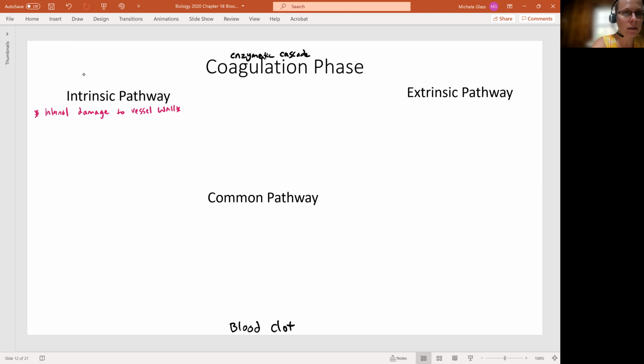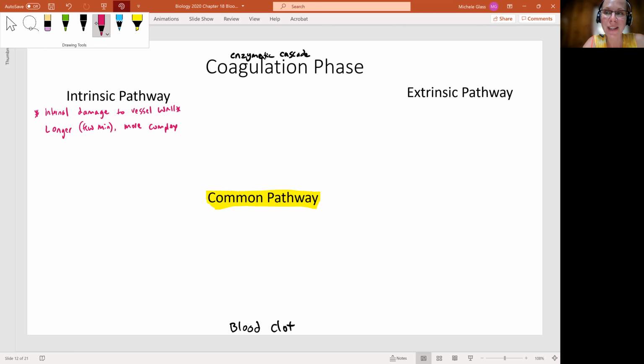We're going to see that this is the longer, meaning few minutes, more complex. And we're not going to study the details of each step here. We're going to study the details of each step of the common pathway. But we're just going to be very, very, very general in our descriptions of the intrinsic and the extrinsic pathways.